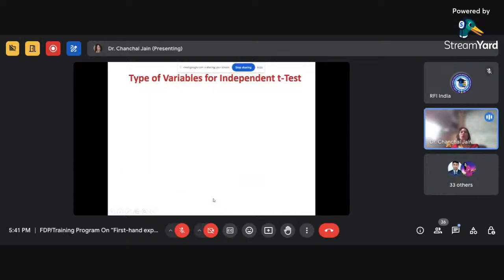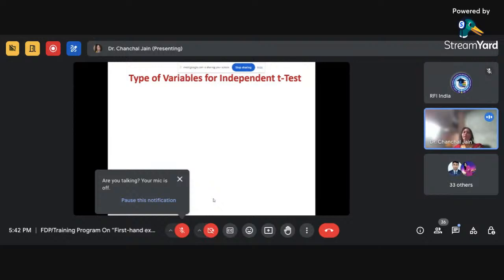Further, talking about the requirement of the variables for the independent samples t-test. Before talking about this, if you can recall the day 1 session, I told you that we need to have clarity about the variables, how many variables we have, and clarity about the type of the variables, meaning what measurement you have used to measure those variables.